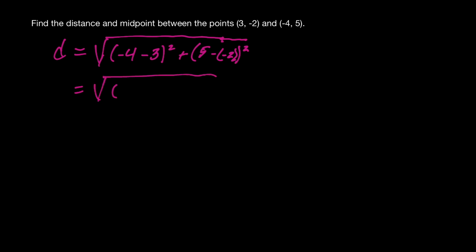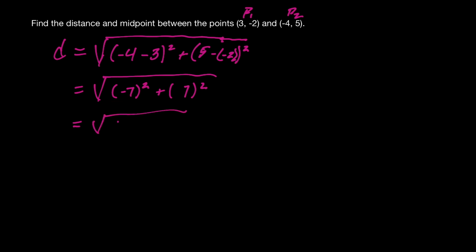So let's see, we'd have negative 7 squared plus, 5 minus a negative is plus, so that's positive 7 squared. Here's where it doesn't matter which way you go. I'm calling this point 1 and this point 2, but because we are squaring, the negative is going to turn into a positive either way.